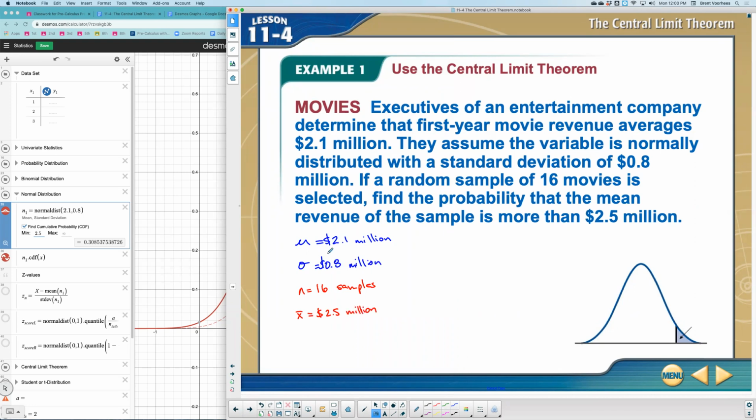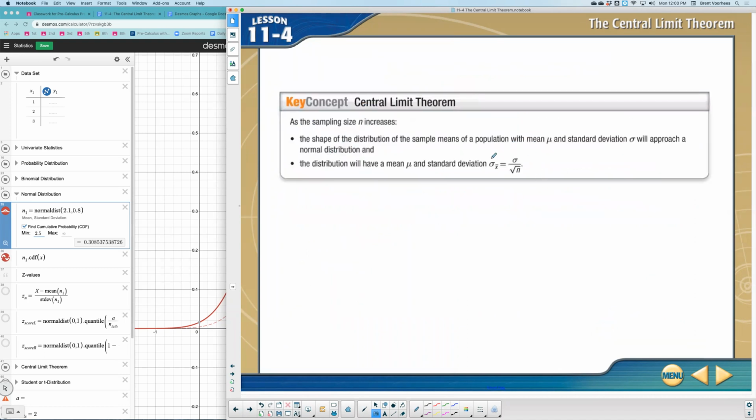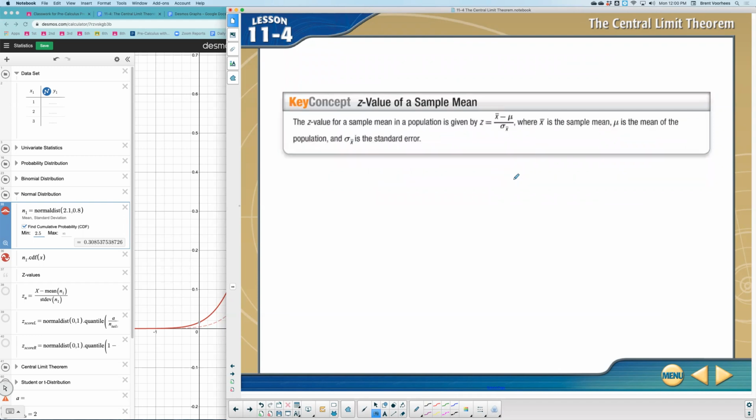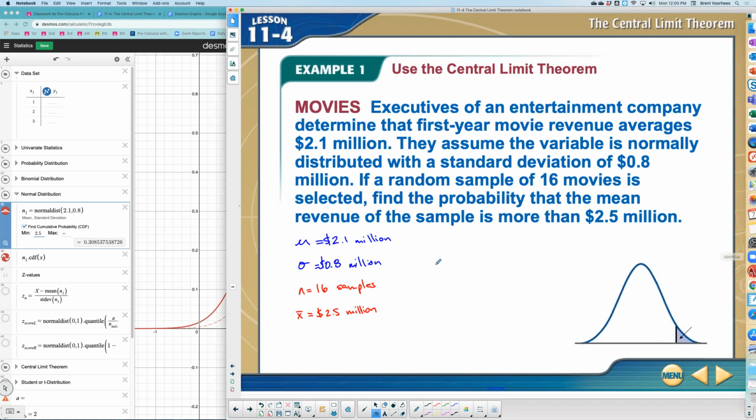All right, so what are the formulas we just saw on the previous pages? Well, the first told us that we could find the standard deviation for a set of samples using this formula here. So that's what I'm going to find now. The sample standard deviation, or the standard error, would be the original standard deviation divided by the square root of n.